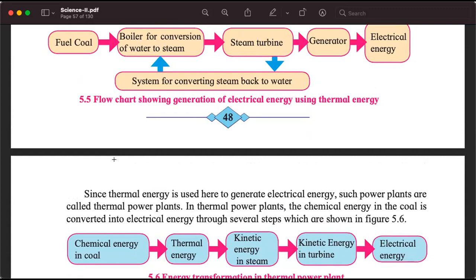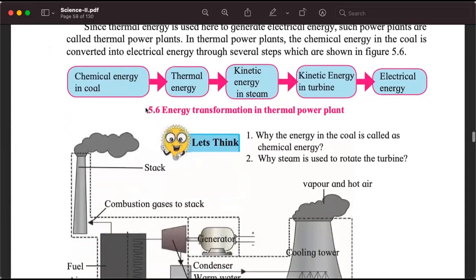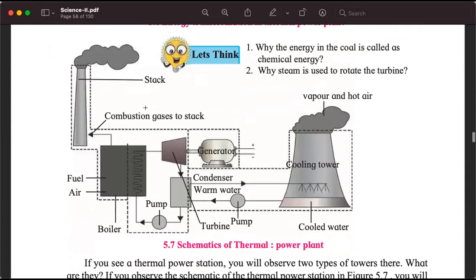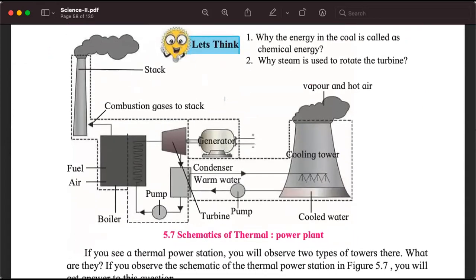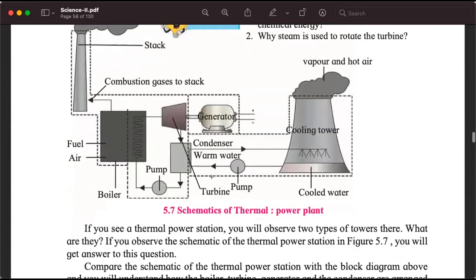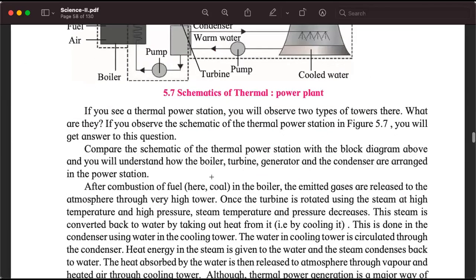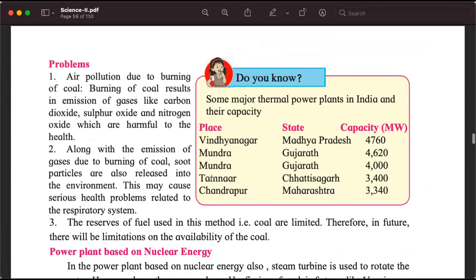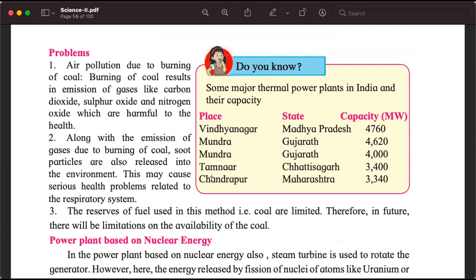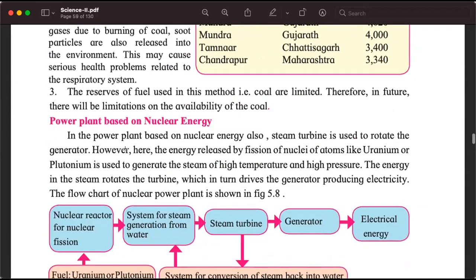Also, they are a very nice, very short way of remembering and answering. So this is the steam one, thermal steam. A very detailed schematic diagram of a thermal power plant is given. We will study that in detail, don't worry. We will also study the advantages and disadvantages. When we say problems, they are the disadvantages.